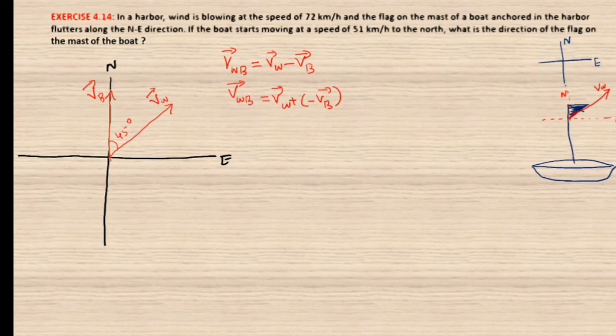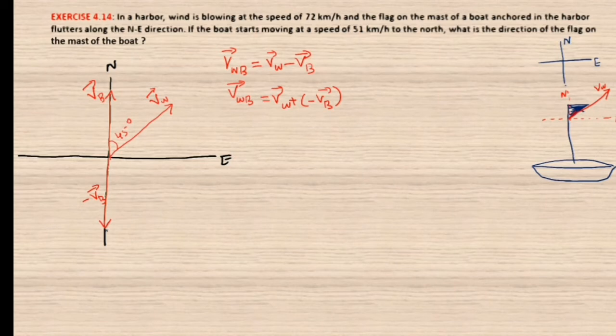This is the VB vector, the velocity vector of the boat. Now I am changing the direction of VB without changing the magnitude, just taking the negative vector of VB. So here I can write minus VB vector. Now what you have to calculate here is the resultant of VW and minus VB.